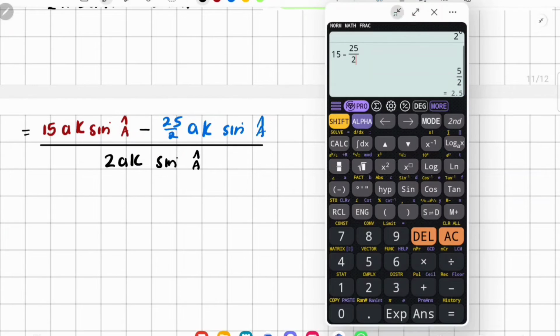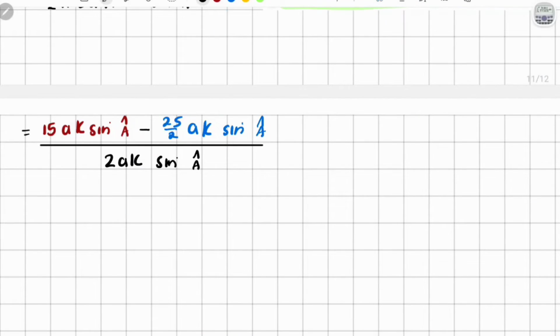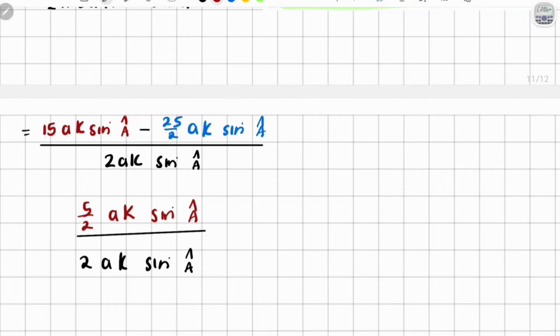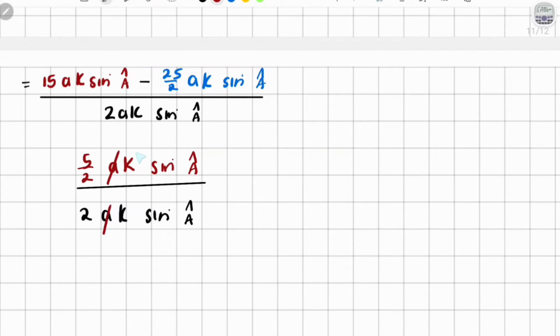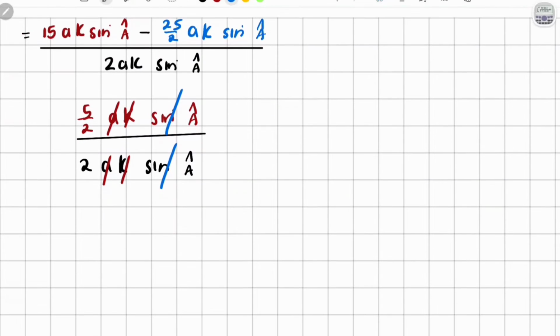So on top, we have 5 over 2 AK sine of angle A. That's what that part simplified to. And then that is all over 2AK sine of angle A. Now do you see that A and K will both cancel, and sine of angle A cancels.